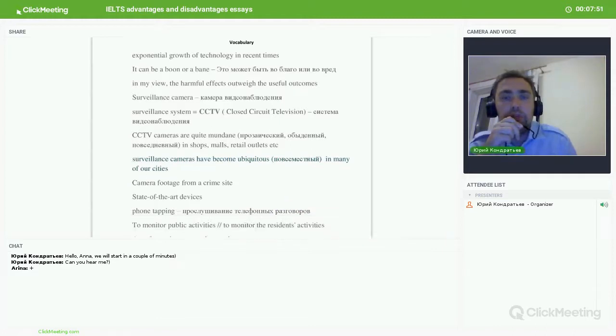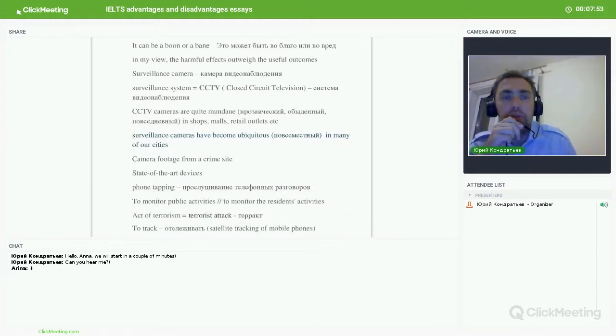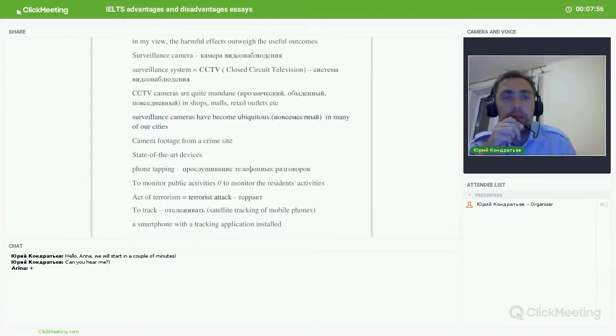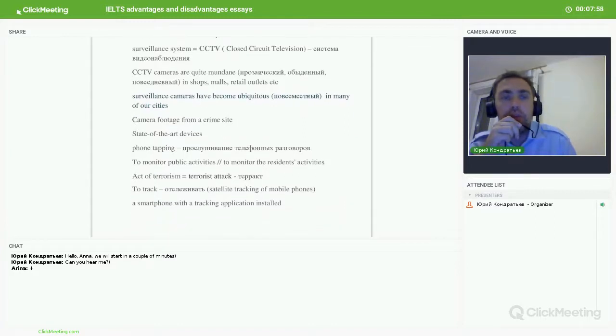Another type of controlling people's behavior is phone tapping. All these types of technology are used to monitor public activities, or you can say to monitor the residents' activities.